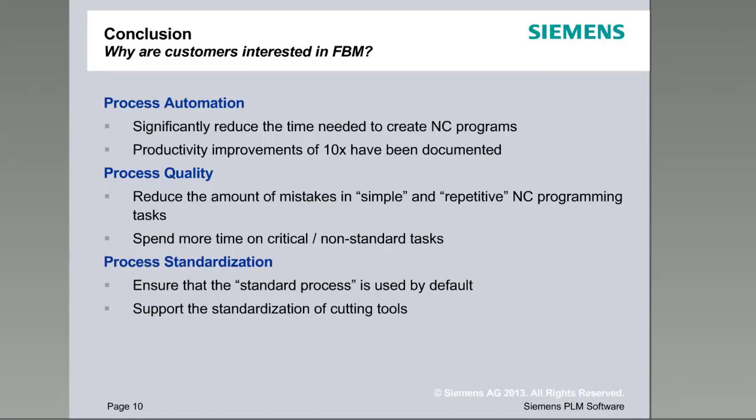That can only apply to some specific parts, but usually if you can automate 80% of the work, that saves a tremendous amount of time. It can increase your process quality because you will always get the same standard best practice results, and it will avoid people making mistakes on simple and repetitive work.